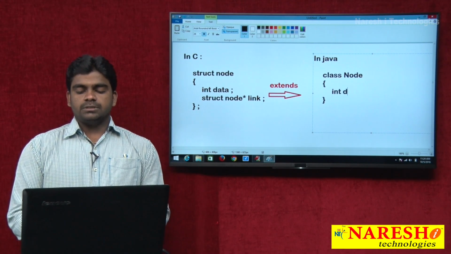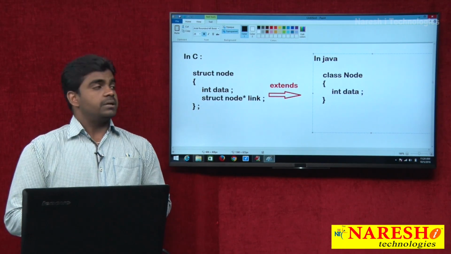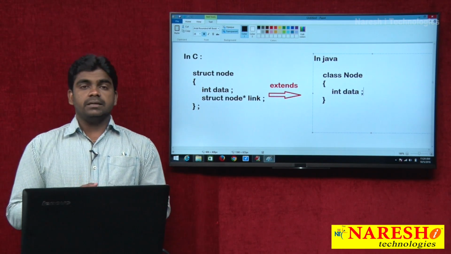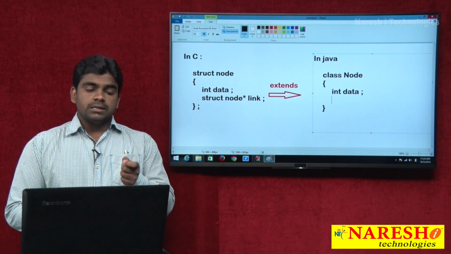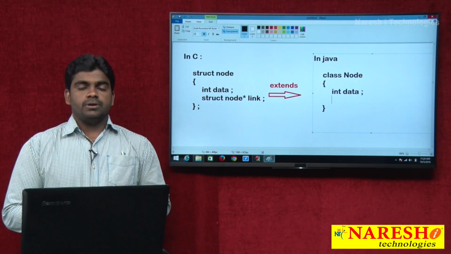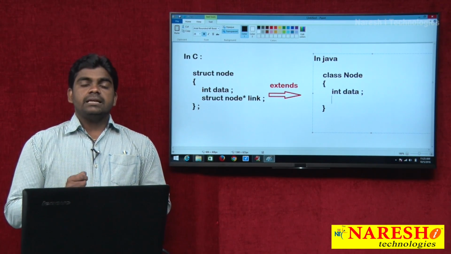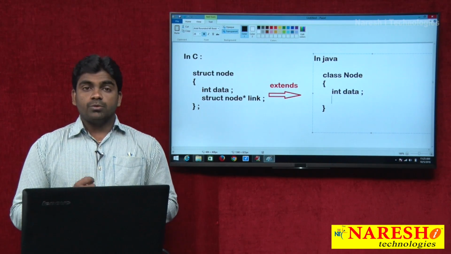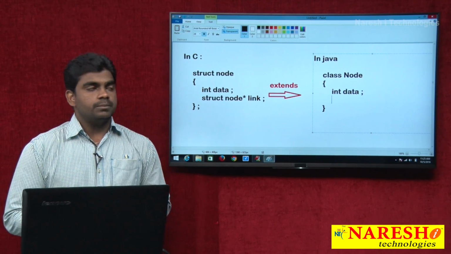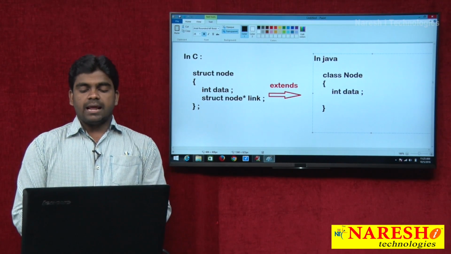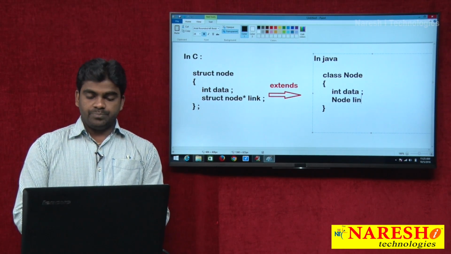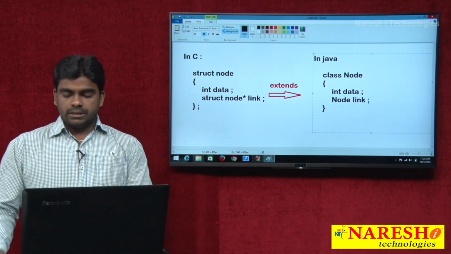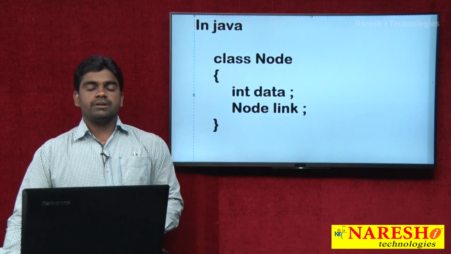So for the node type, one field is an integer type, that is the data field. The second one is the same class type. We know that we can declare class type variables, and of course it can be a non-static variable. So a user defined data type variable, link. This is an internal pointer variable, a reference variable.